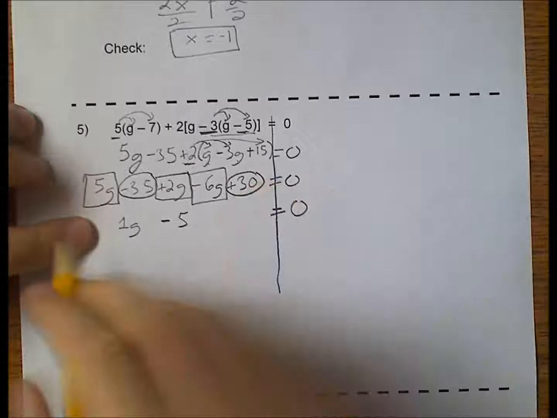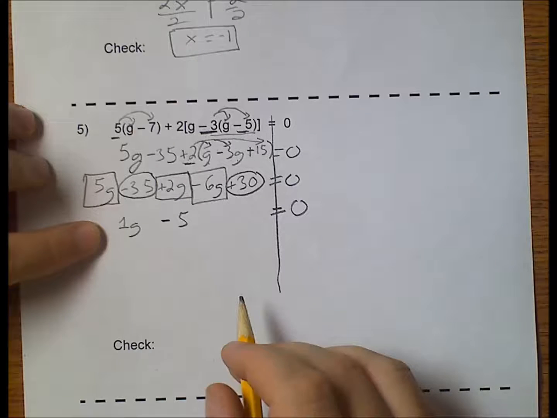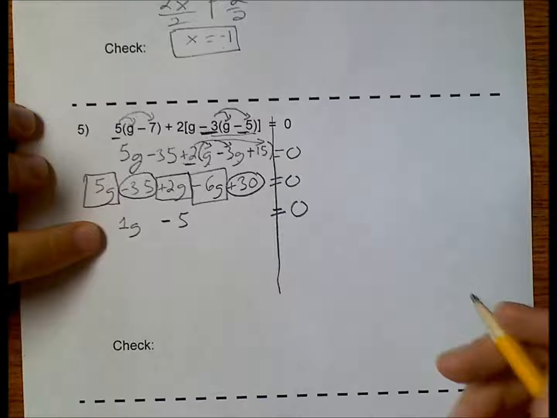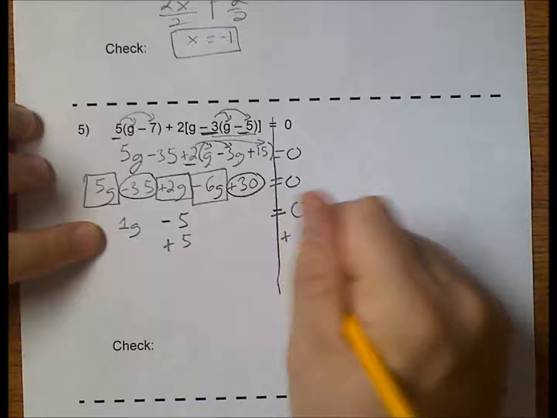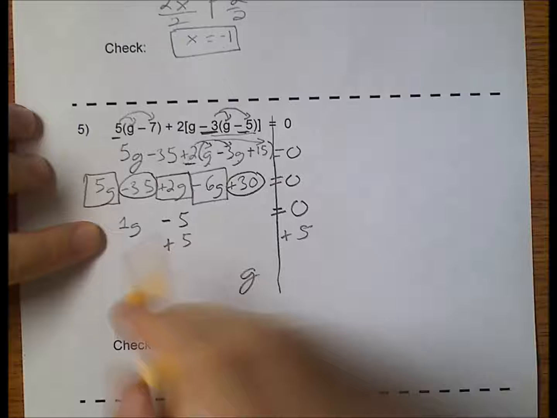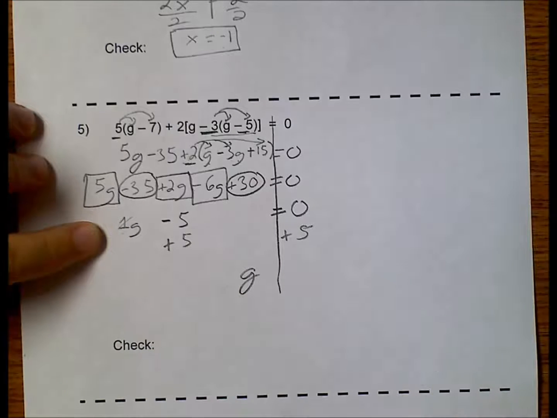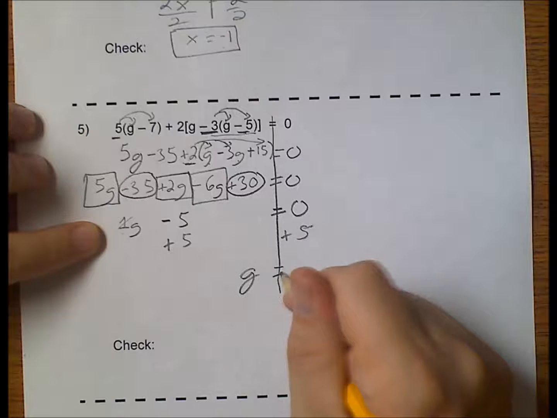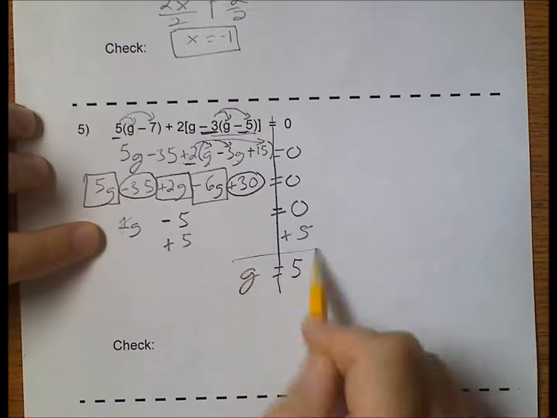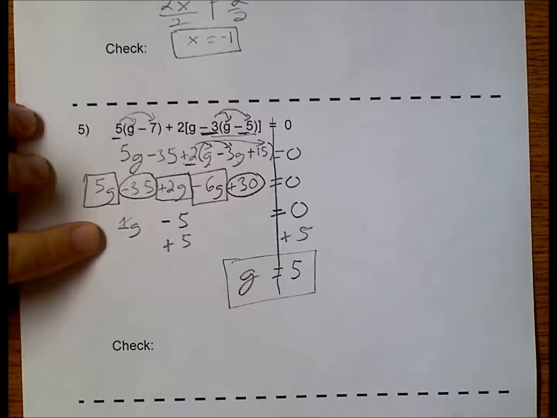And now this, again, still equals 0. It's a two-step equation. I'm just going to add 5 to both sides. I get that 1g, or I can just put g, because the 1 doesn't really matter. 1 times anything is itself. So that tells me that g equals 5. So all of this just to say, hey, g equals 5.